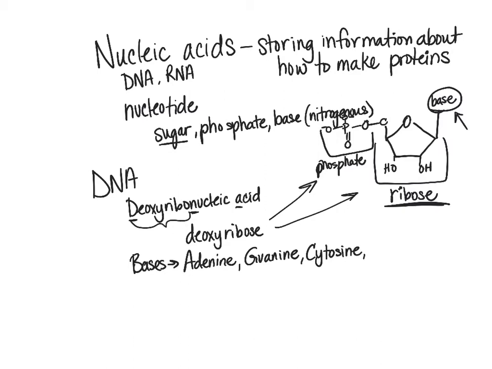And then lastly, we have thymine. If you have heard anything about DNA and you've heard the different letters, this is where we get those. Adenine is the A, guanine is the G, cytosine is the C, thymine is the T. So these are our different nitrogenous bases, and this is where we get our names for our nucleotides from.